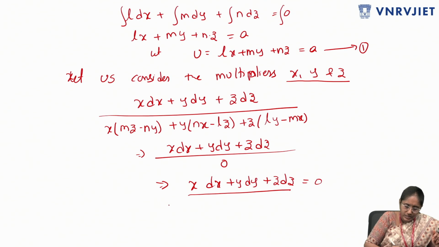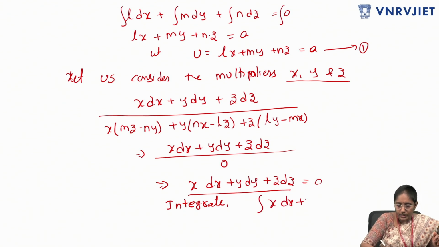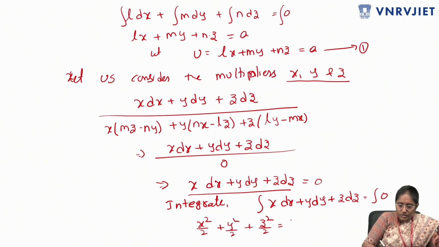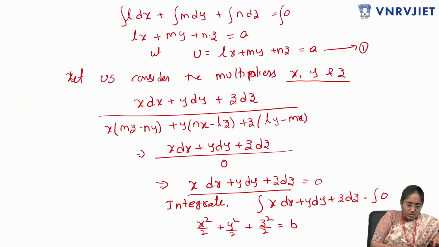Now integrating on both sides. Integrate, then you will get x dx plus y dy plus z dz is equal to integral of 0. Then x square by 2 plus y square by 2 plus z square by 2 is equal to an integrating constant b. So let it be considered v is equal to x square plus y square plus z square by 2 is equal to b.